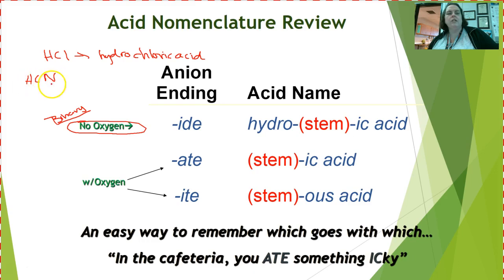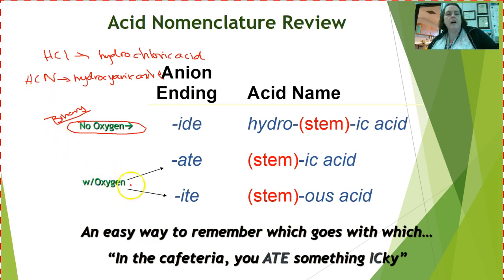HCN, that's hydrogen cyanide. There's no oxygen there. Because there's no oxygen there, we get hydrocyanic acid. Okay? It's not officially binary, but it is one without oxygen.